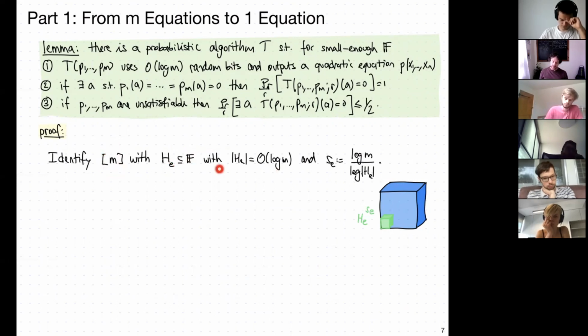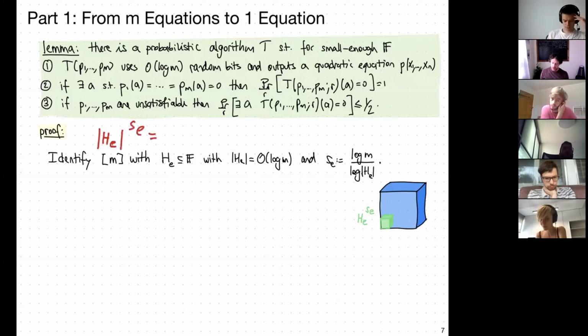We'll choose this green subset to be of size O of log m, and we'll choose the number of dimensions, which we'll refer to as s, to be log m over log of this. So why this horribly confusing setting of parameters? Simply because h_e to the power of s_e, if you just check this equation, is exactly m.